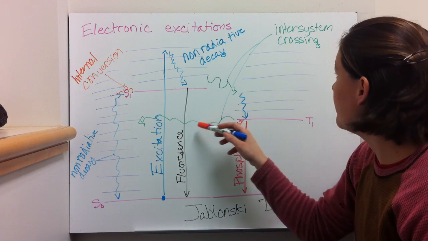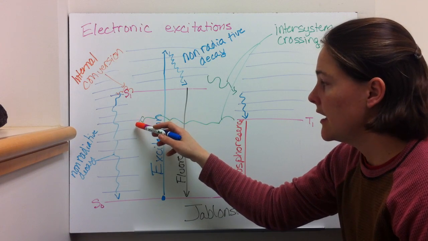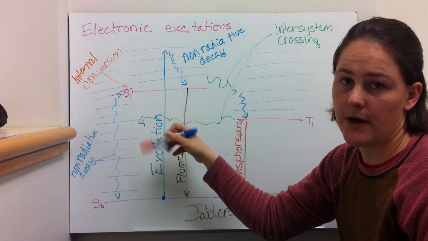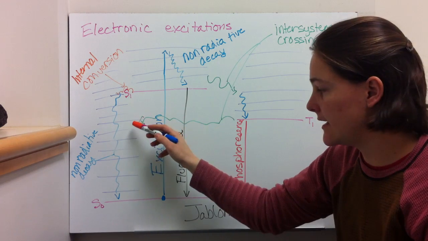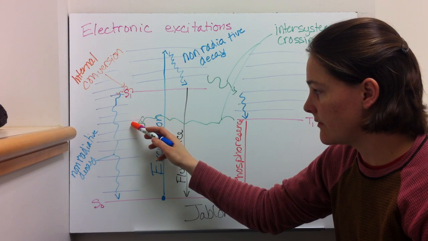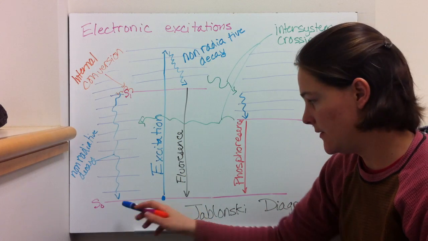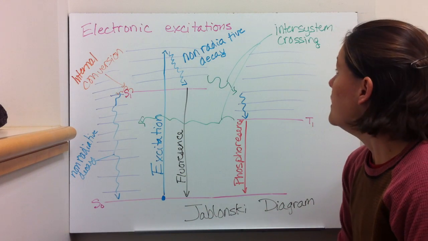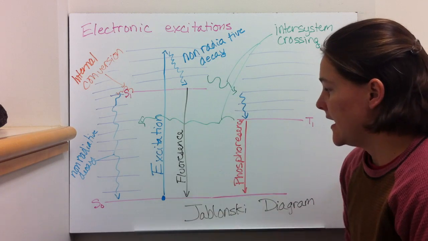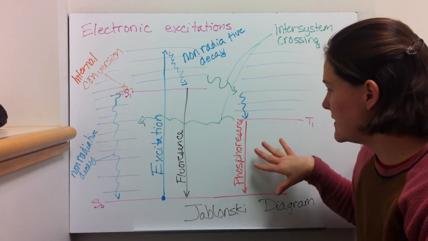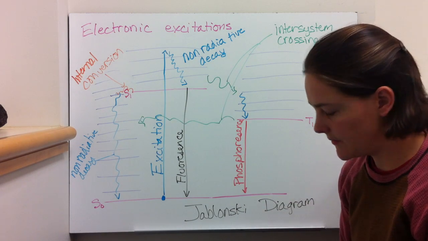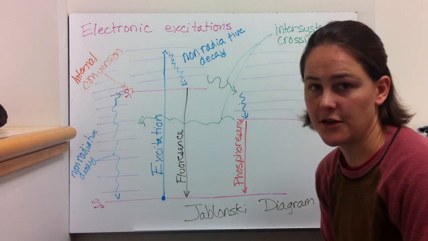You can also have intersystem crossing again, over to a vibrationally or rotationally excited ground state, and then undergo non-radiative decay back to the ground state. So these are all possibilities, and this is what gives rise to fluorescence and phosphorescence, and so this is just sort of the terminology that you need to know.